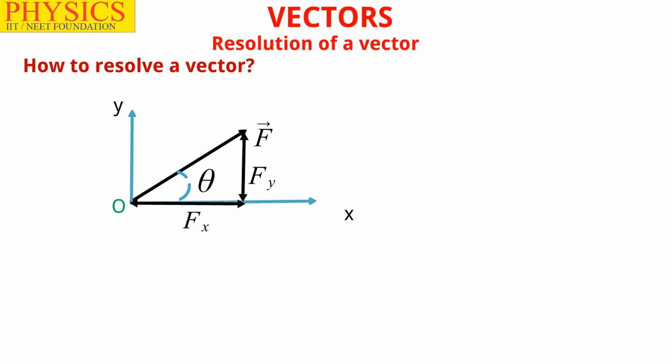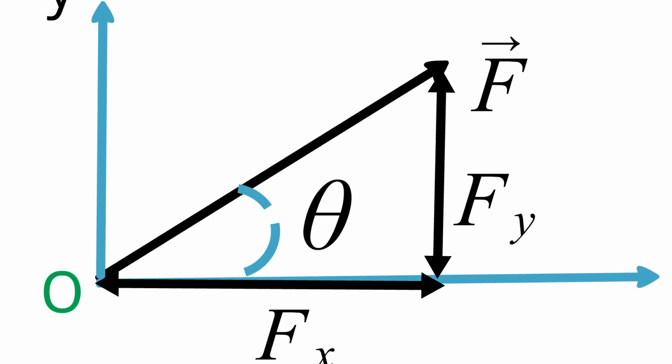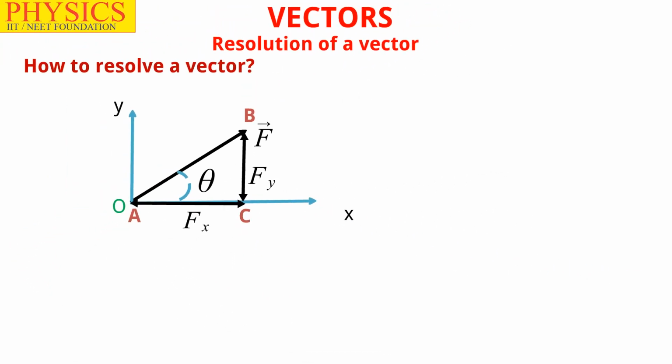Now let us see here. There is a right angle triangle ABC. From this right angle triangle I want to calculate the fx value. So how to calculate fx? Here I use trigonometric ratios.